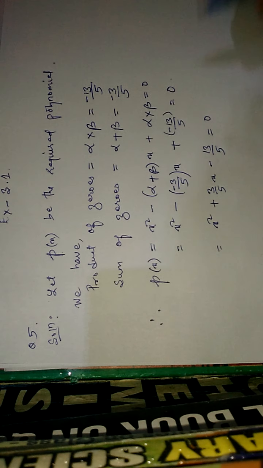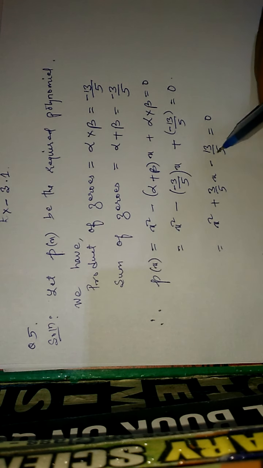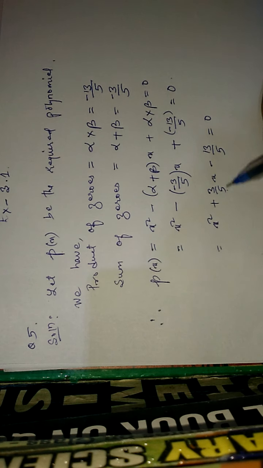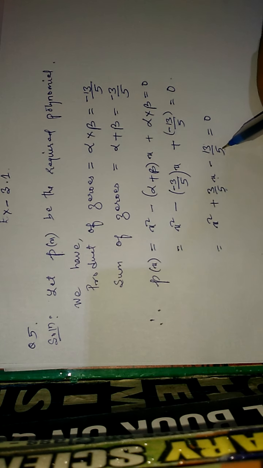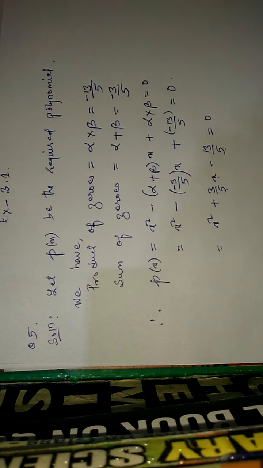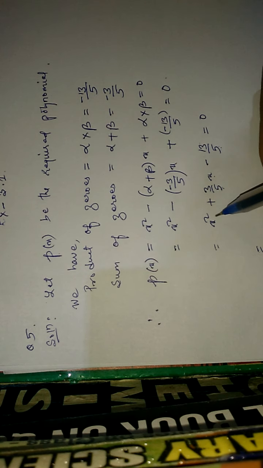Here the coefficient of x is 3 by 5, a rational number, and the constant term is also rational, so both have denominator 5. To eliminate this 5, you have to multiply each term by 5.